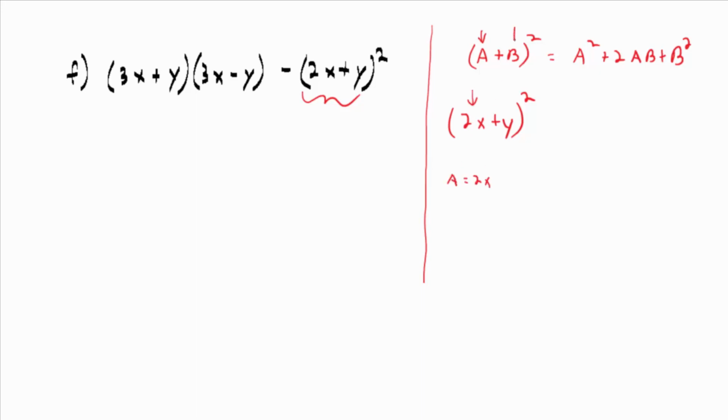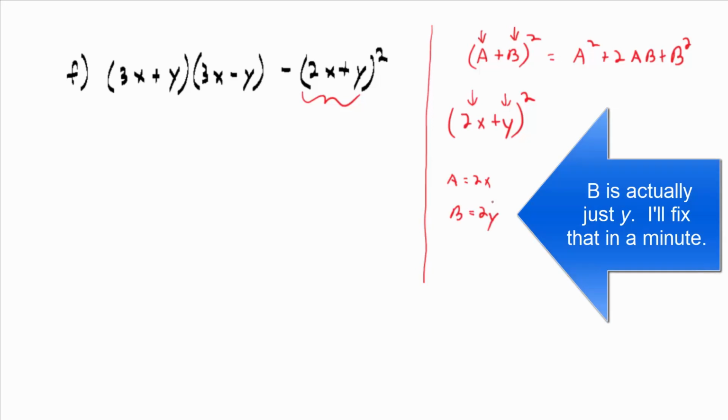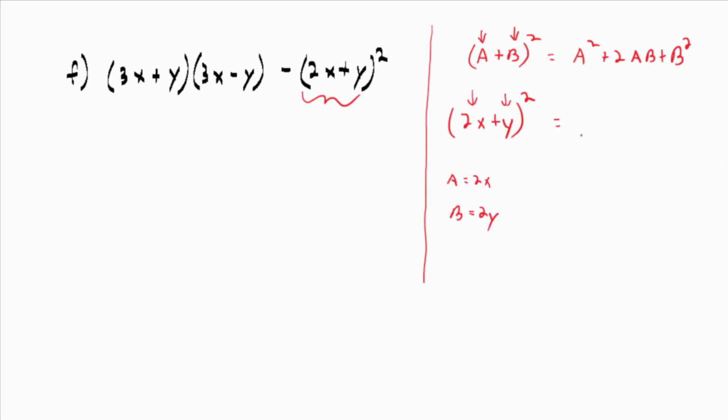And what's acting like the b from this formula? The y. So then this formula says, take that a, the first guy, and square it. Well, what is 2x, the whole thing squared? Think of it as 2x times 2x, right? What is that? 4x squared. So a squared in this case, if a is 2x, then a squared is 4x squared.